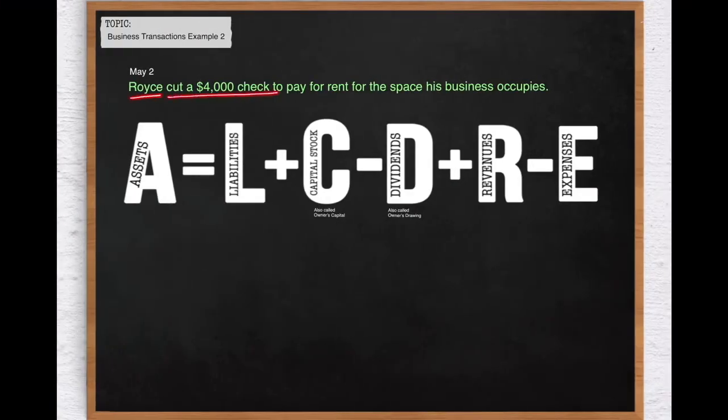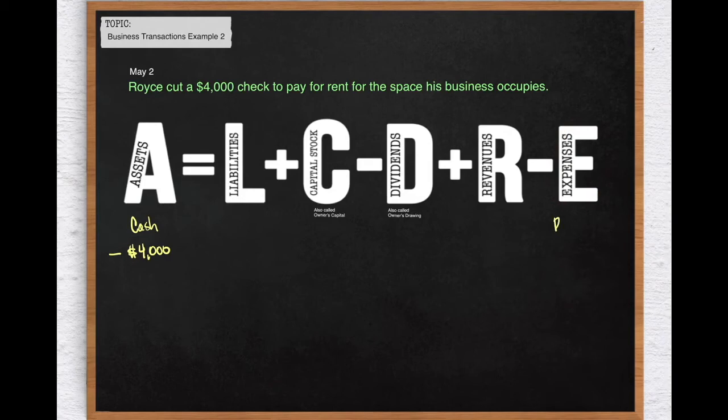On May 2nd, Royce wrote a check for $4,000 to pay for rent for the space his business occupies. So what accounts got affected? Well, the business's cash got affected by $4,000, and in fact, that cash went down. So that $4,000 is a minus because he's paying for something, in this case rent.